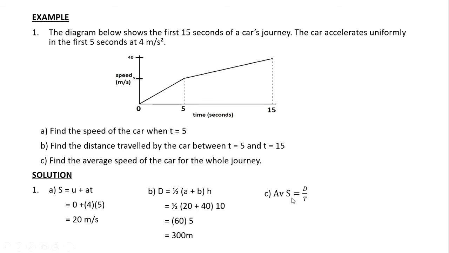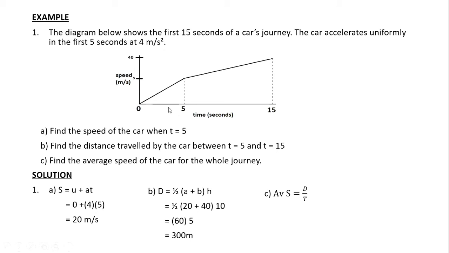Average speed is equal to distance over time. The question is saying, find the average speed of the car for the whole journey. So for the whole journey, it was from 0 to 15 seconds. But we've already found the distance from 5 to 15 seconds. So we have to find the distance from 0 to 5 seconds. So we say half bh.